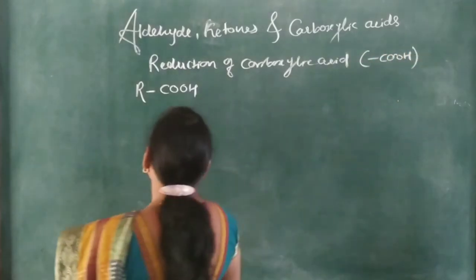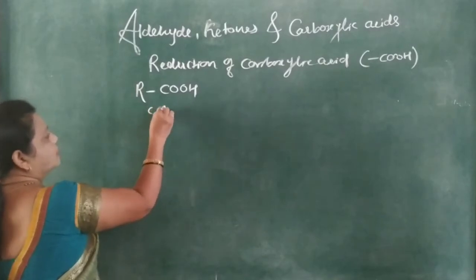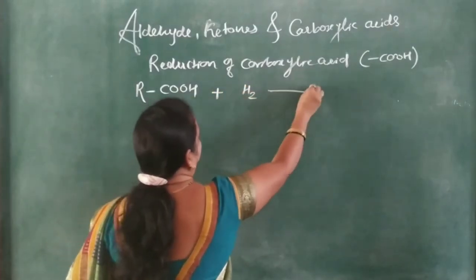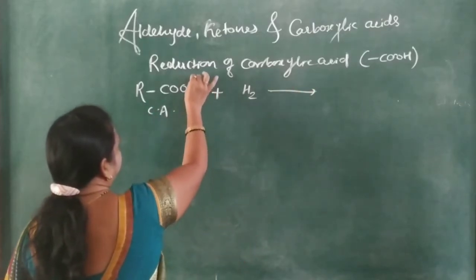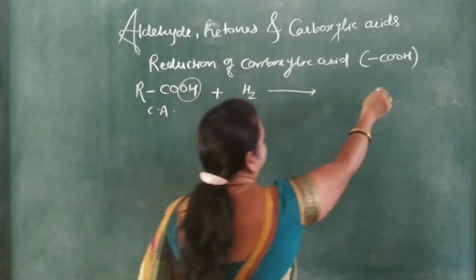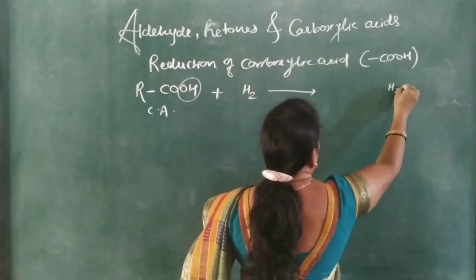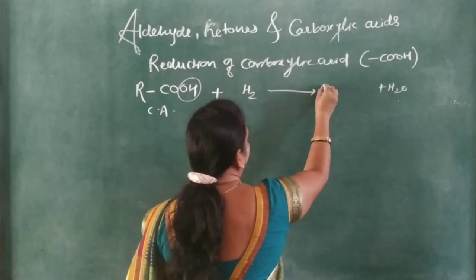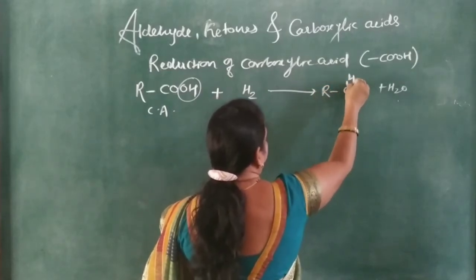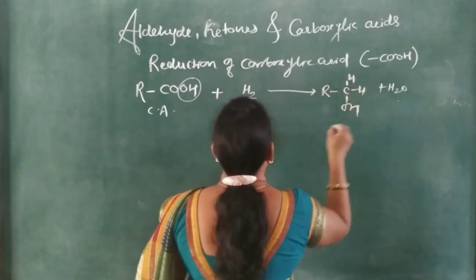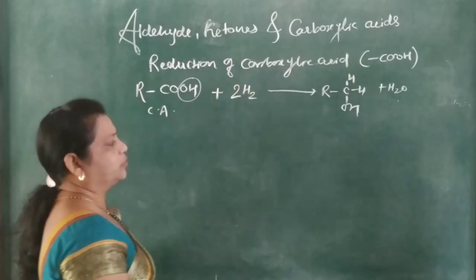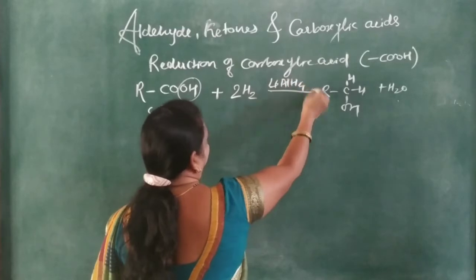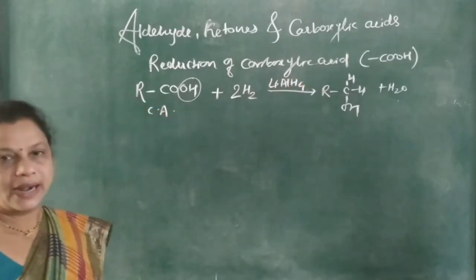So RCOOH, carboxylic acid, on reduction needs twice H2. The OH combines with one H to give H2O, then H combines with this O to form R-CH2-OH, with twice H2O, in the presence of lithium aluminium hydride.